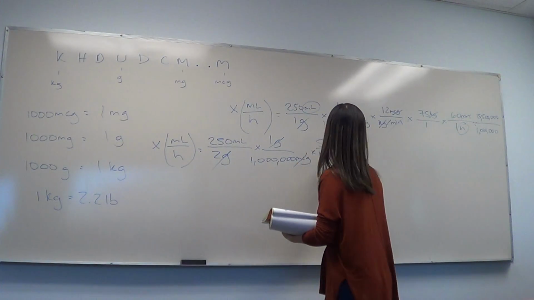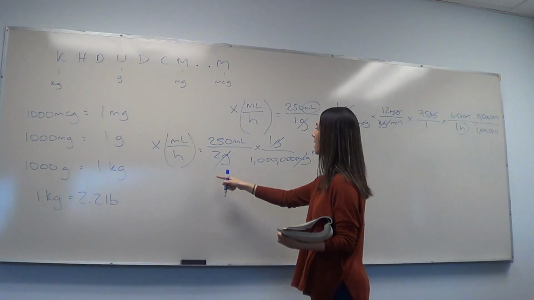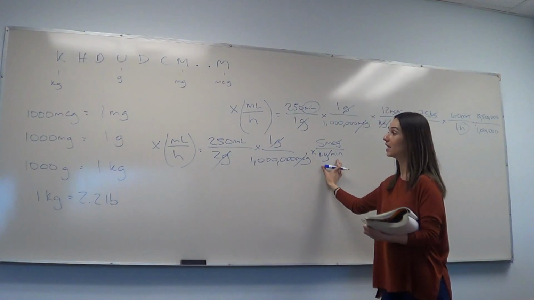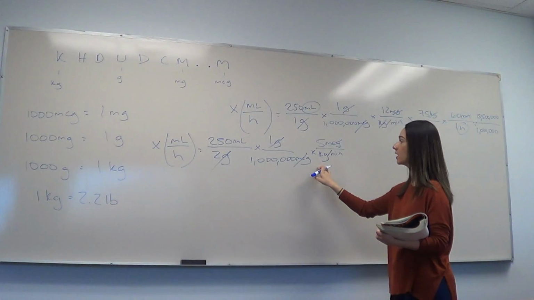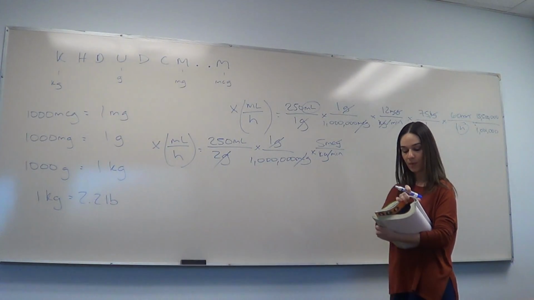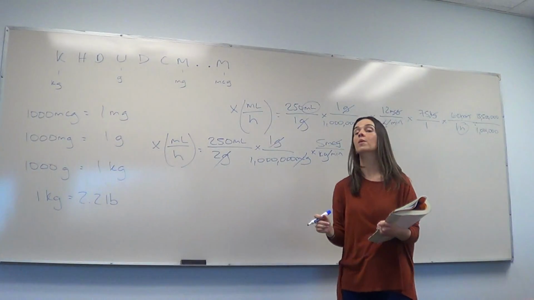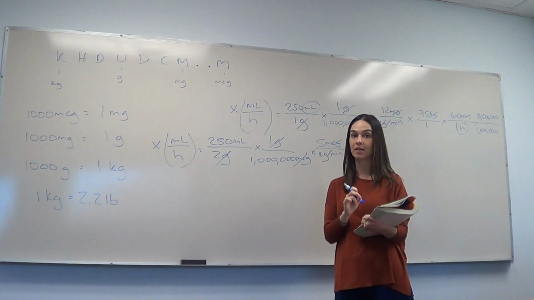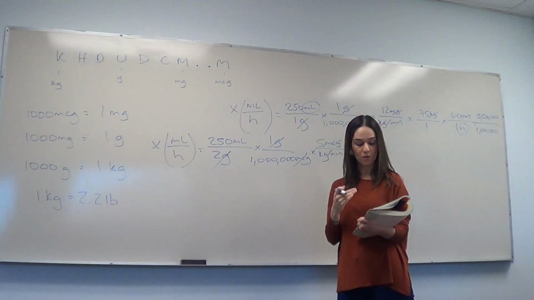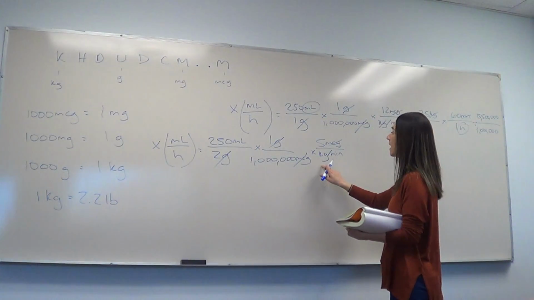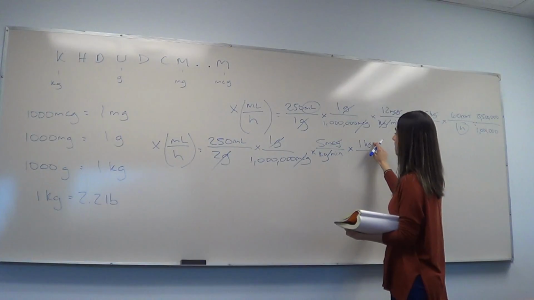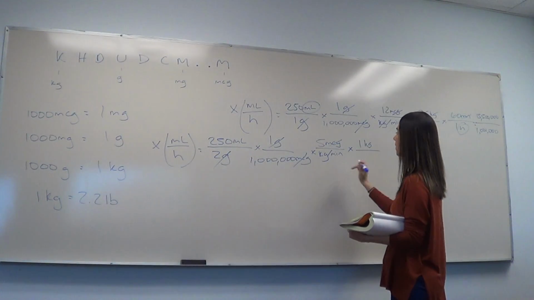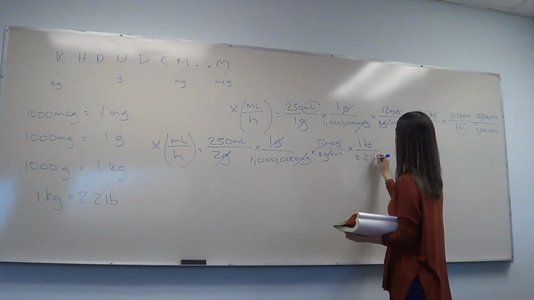Well, micrograms crosses out. We're looking for mL per hour. We have our mL up here, but we need to get rid of the kilograms and we need to get rid of the minutes. Well, let's start with our kilograms. We don't have any information with kilograms because I told you the patient weighs 176 pounds, not 80 kilograms. But we do understand that always 1 kilogram, we need to put it on top so it crosses out, is equal to 2.2 pounds.